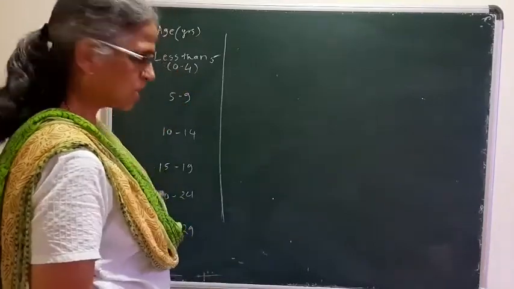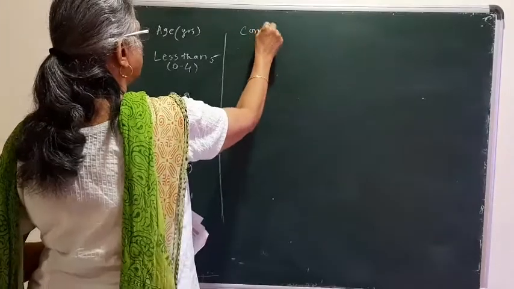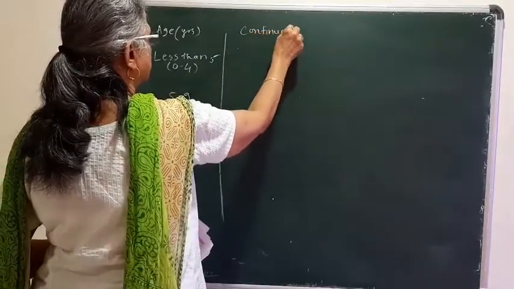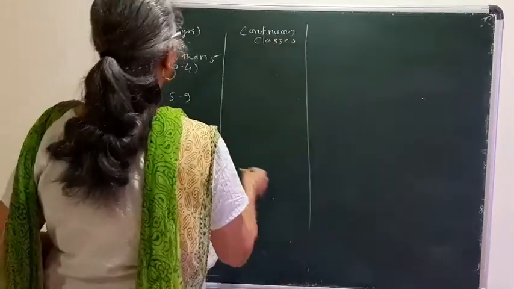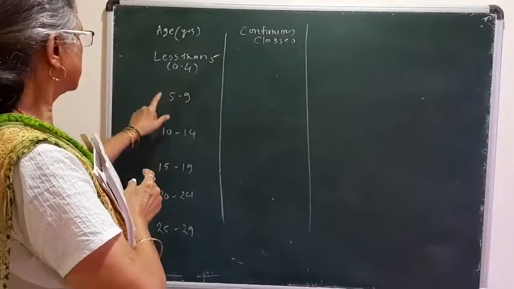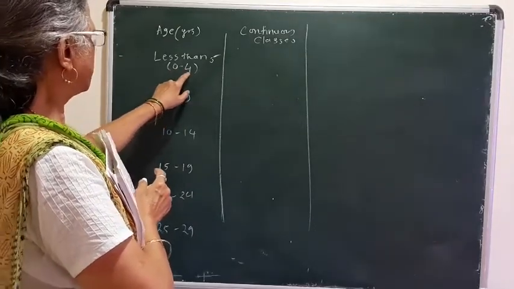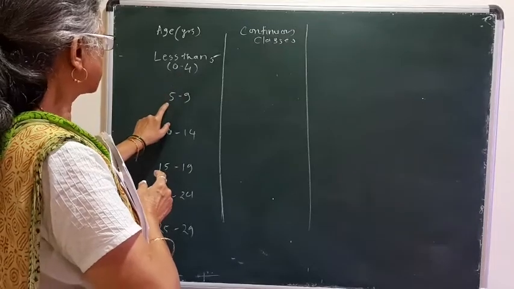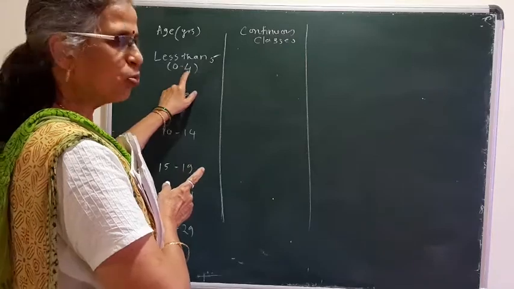Now here the classes are not continuous. So you have to make the classes continuous or extended classes. So here once again I will tell you how to make the classes continuous. You have to find out the difference between these two, that is the upper limit of first class and lower limit of the next class. 5 minus 4 will be 1. 1 divided by 2 is 0.5.